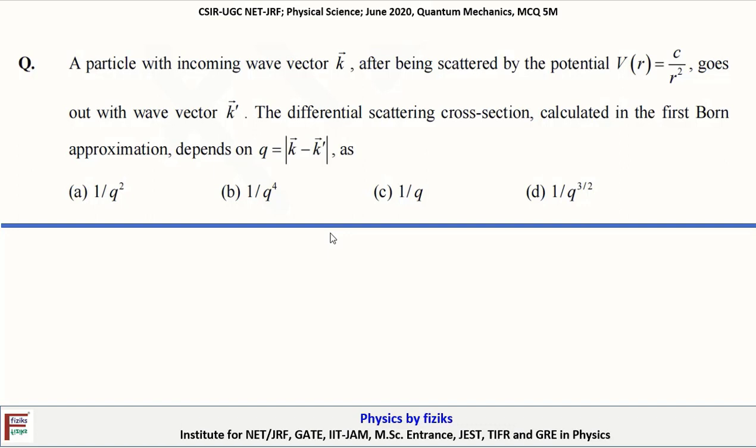In this problem, we have to determine the differential scattering cross section in the first Born approximation for the potential V(r) = c/r². The scattering amplitude in the first Born approximation will be given by this term.